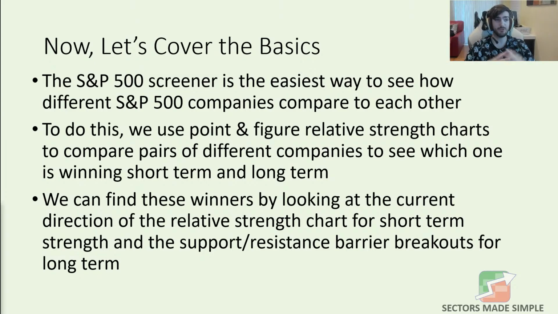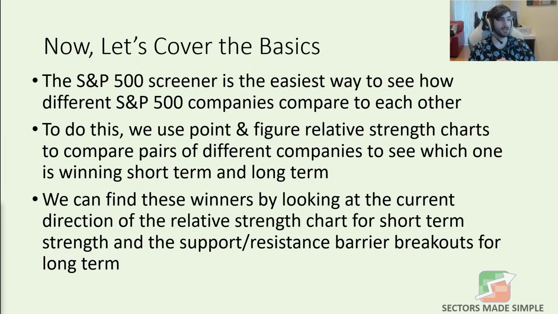For every one of those charts, we look to see, is it a thumbs up or thumbs down for short-term and long-term strength? Column of X's, short-term, thumbs up. Buy signal, so a resistance barrier breakout, long-term thumbs up. And we just count the number of thumbs up that we have for each of those charts.